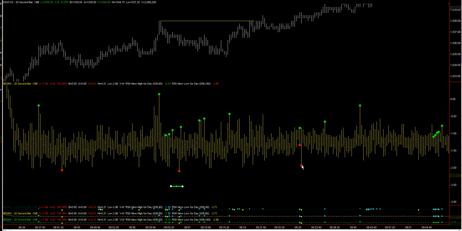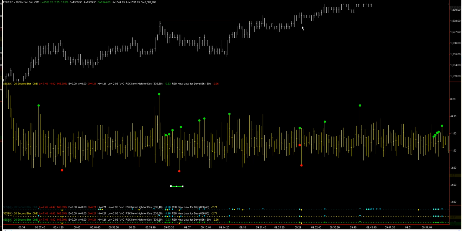This low on the premium right here isn't lower than these bars, but neither is it a divergent bar on the premium. In other words, this bar, in order for it to be divergent, would have had to be more like that bar just prior to it. The low would have to be way up there. But since that low is much lower than these other bars on the premium that recently preceded it, this bar becomes predictive.